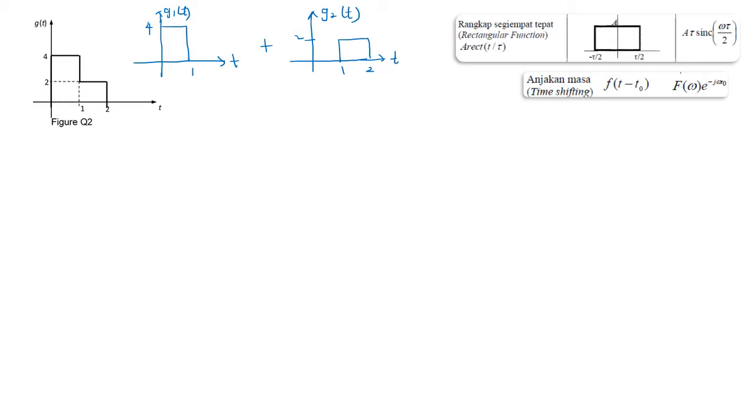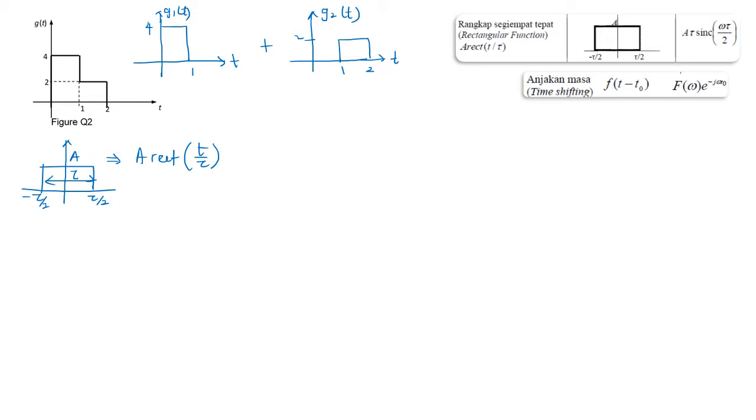To write a rectangular equation, don't forget to refer to the reference rectangular function. The amplitude is A, from tau over 2 to negative tau over 2, so the width is basically tau. This represents A rect(t over tau).